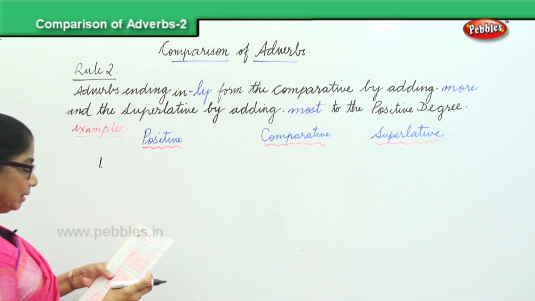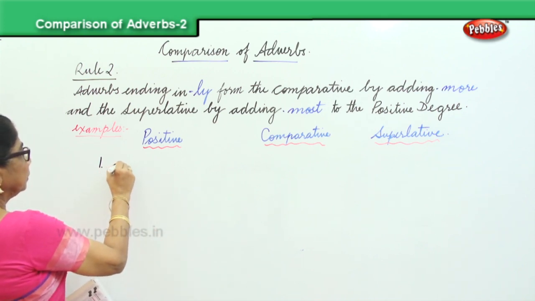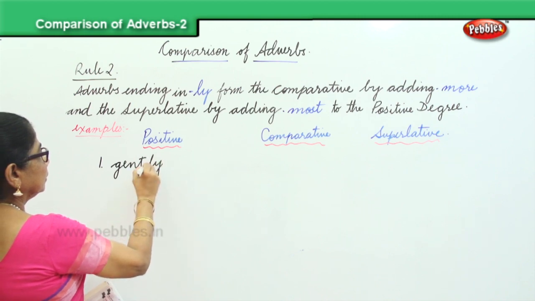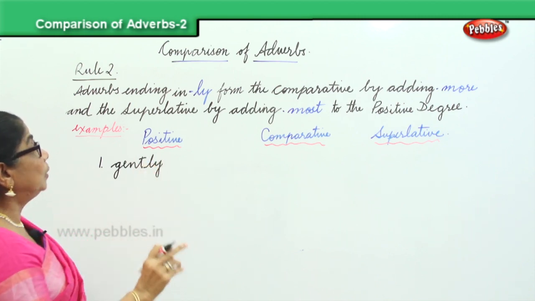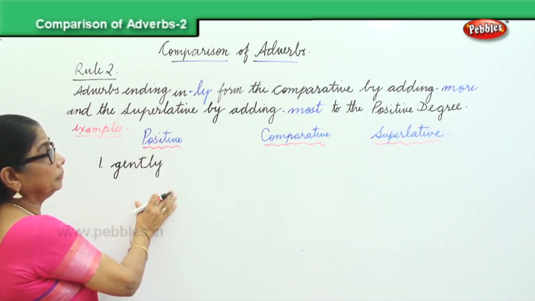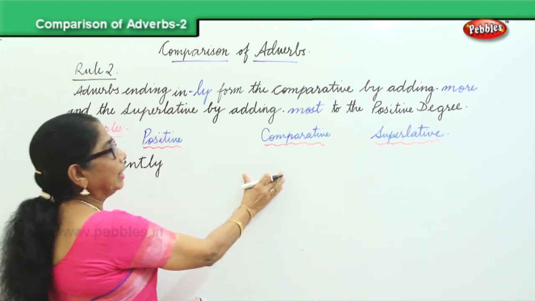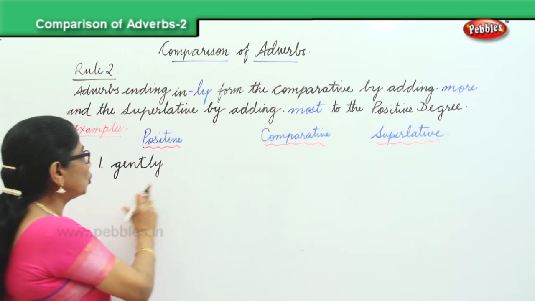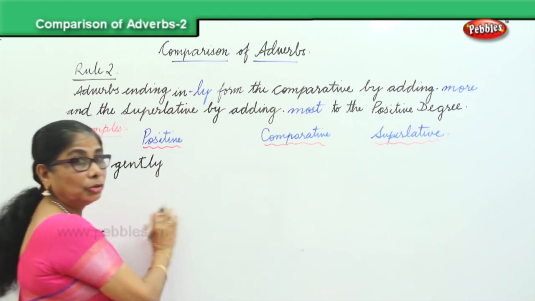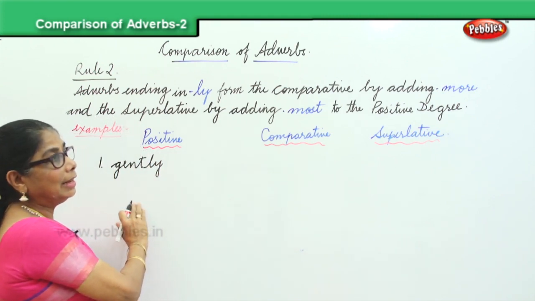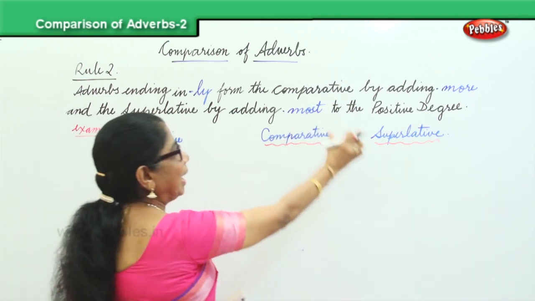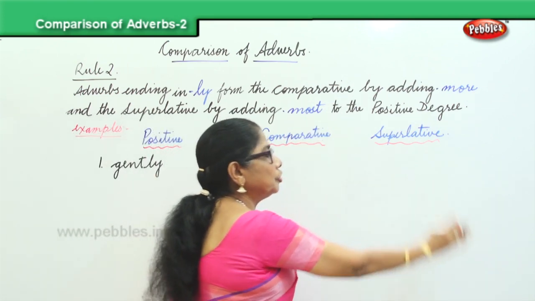First word I have is gently. The adverbs ending in ly in the positive form the comparative by adding more. So what would it be? Gently, more gently. To the positive degree you add more, and to form the superlative you add most, so it will be most gently.